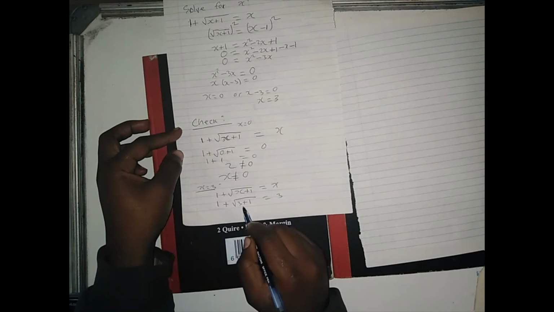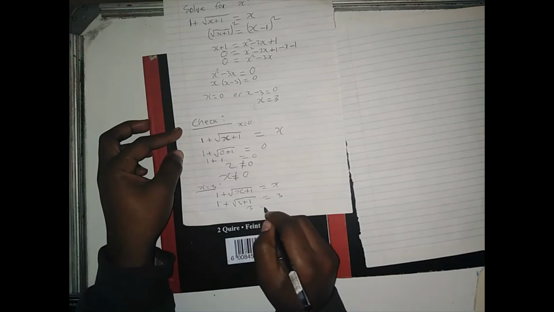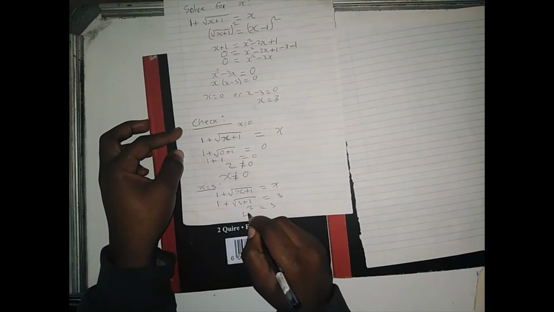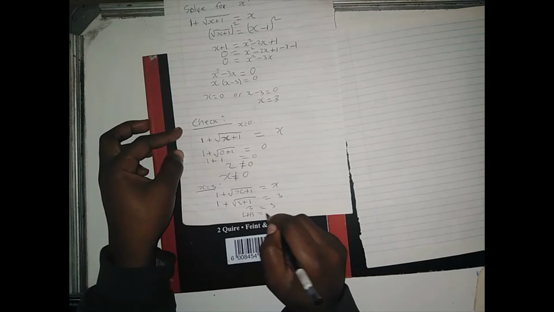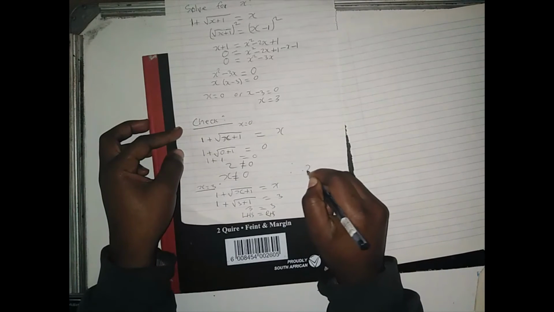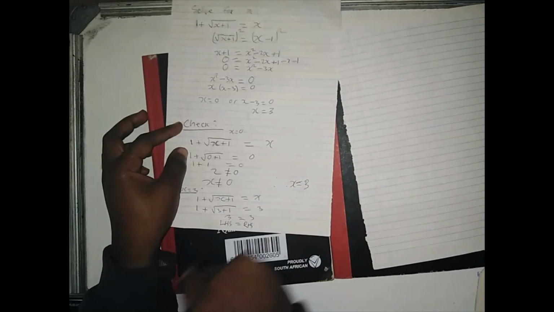Square root of 4 is 2. So 1 plus 2, we've got 3 is equal to 3. You can put it in a calculator if you are lazy to count like myself. So the left hand side here is equal to the right hand side. So in fact, x is equal to 3. This is the only solution that works.